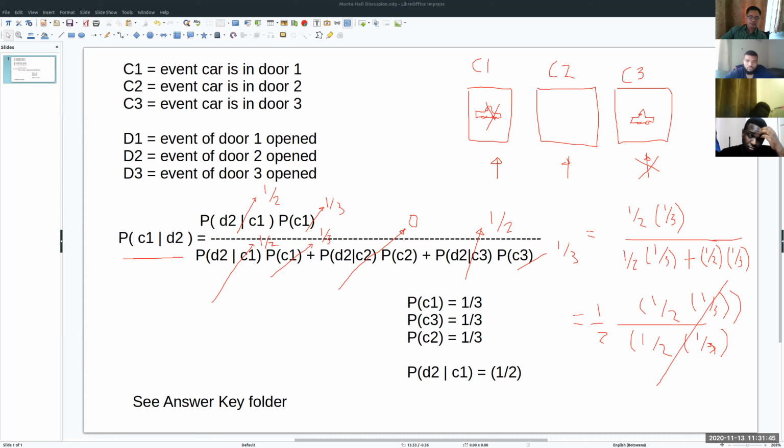What's the answer? What is C3? The car is in door 3, yeah?